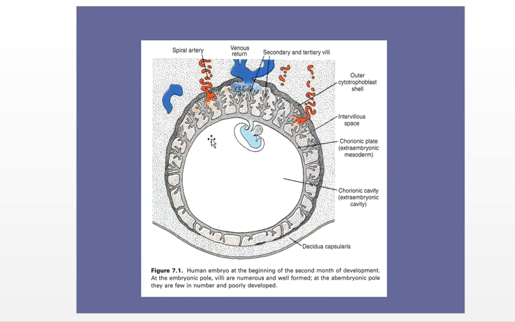Here, as you remember, around the embryo we have extraembryonic mesoderm covered by cytotrophoblast cells, not shown here. These two layers together make the chorionic plate.